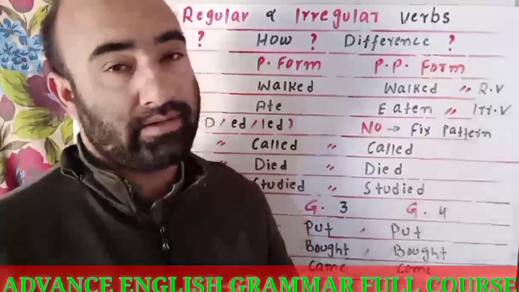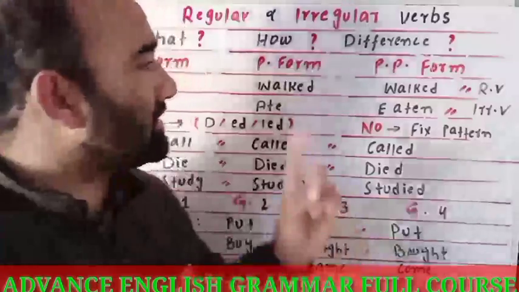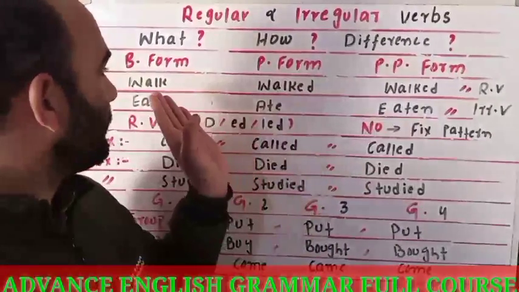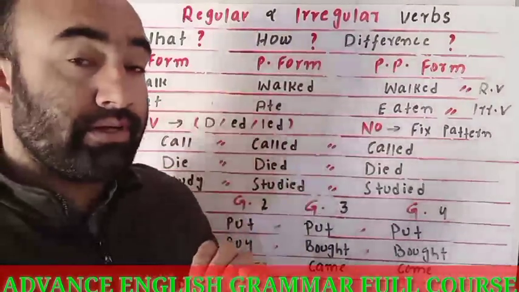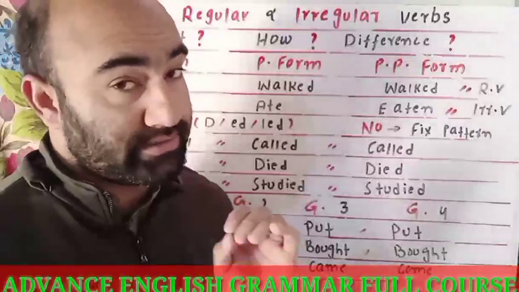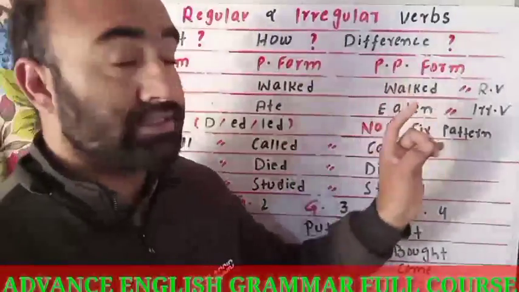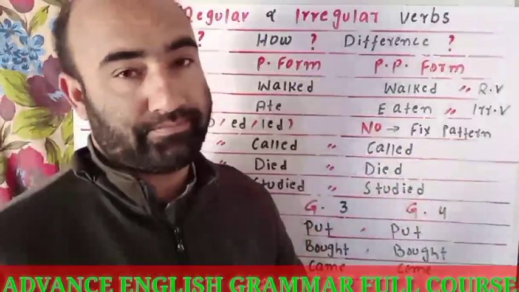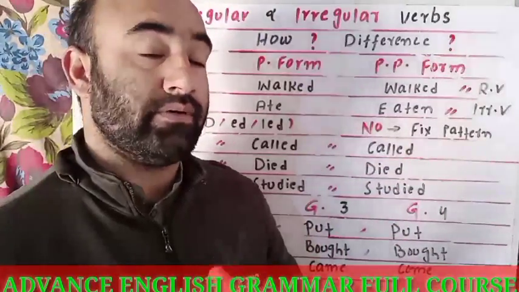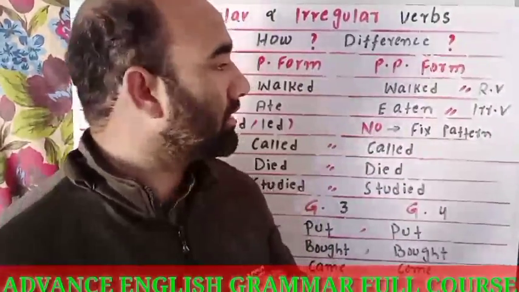In English, we call these the base form or present form, the past form, and the past participle form. These are the forms of the verb, right?